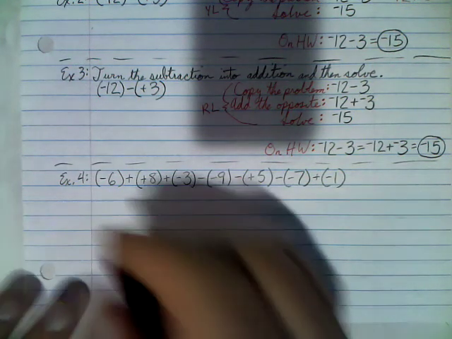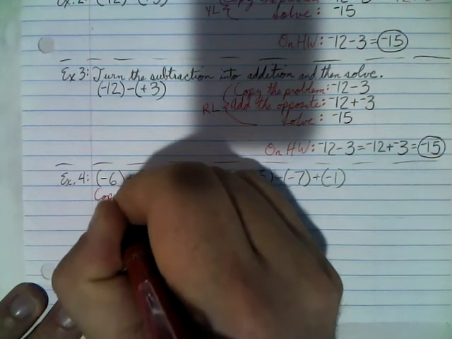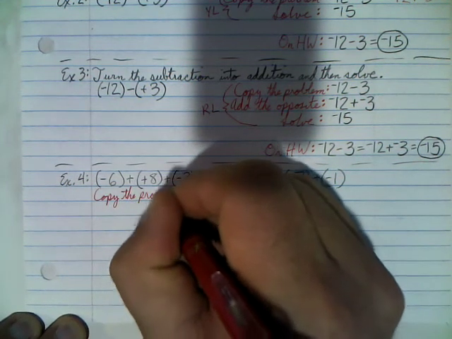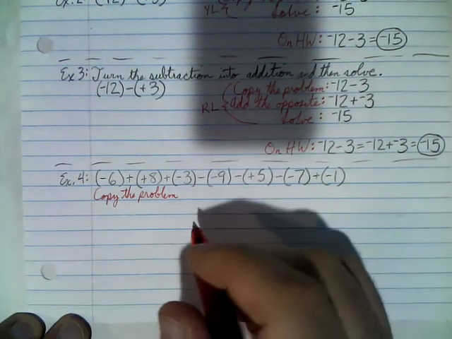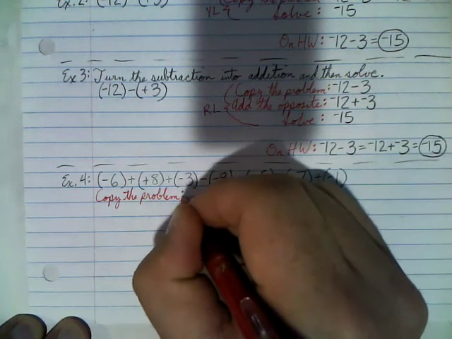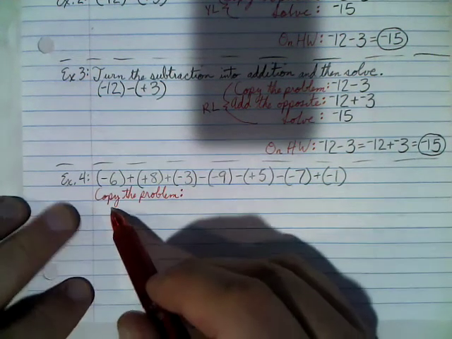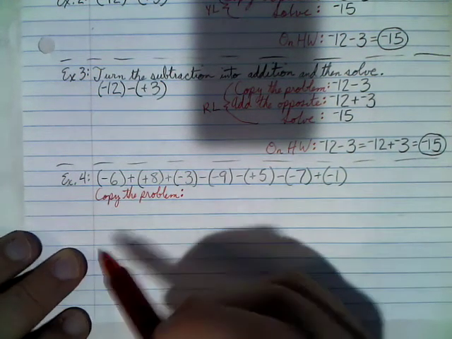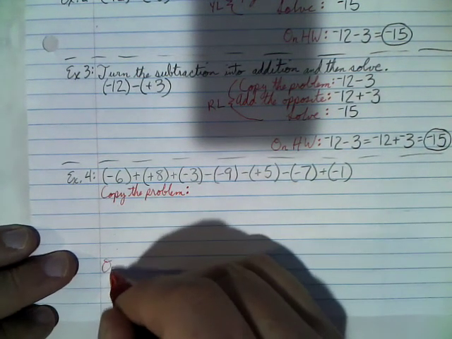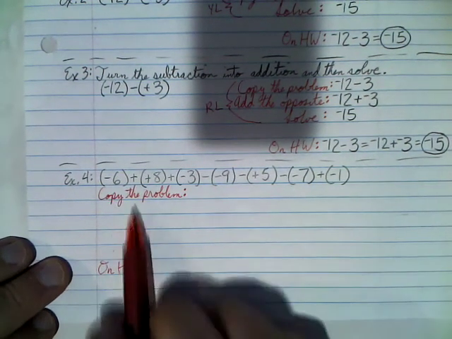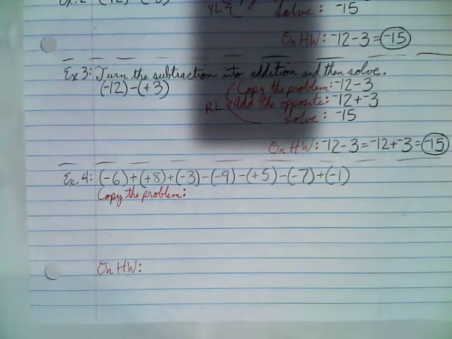So our first step, as always, is going to be to copy the problem. And what I'd like you to do for this one here is I would like you to skip down 1, 2, 3, 4 spaces, and then underneath that we're going to write on the homework. That's where on the homework is going to go this time. So 4 empty spaces between these two we're going to need.